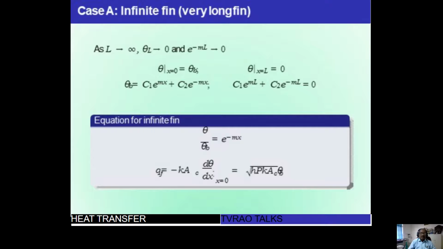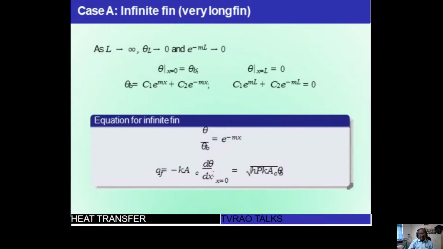Now next we have to find out what the heat transfer is. Here heat is transferred by conduction, that is minus kA into dT by dx, and dT means d theta by dx. If you substitute d theta by dx, if you differentiate, we will get square root of hPkA into theta suffix b.